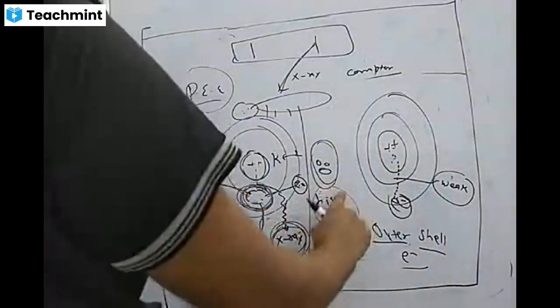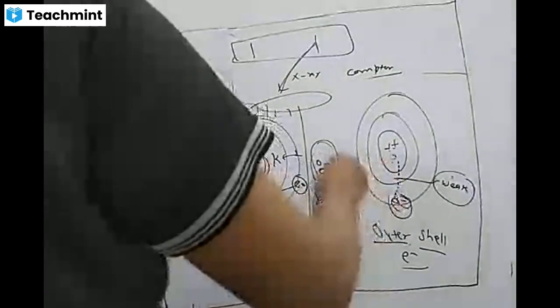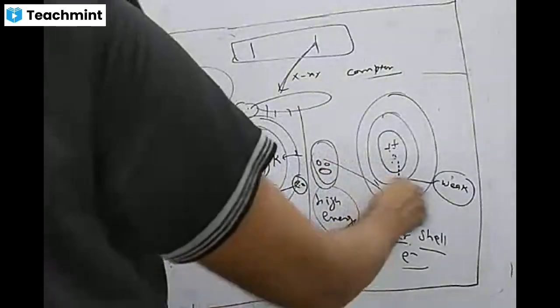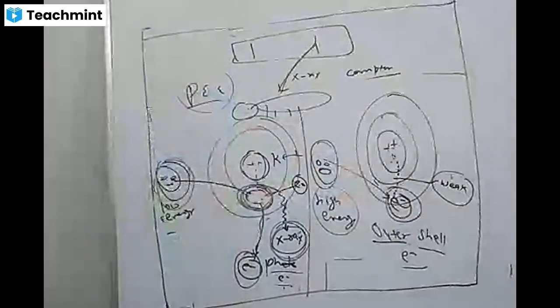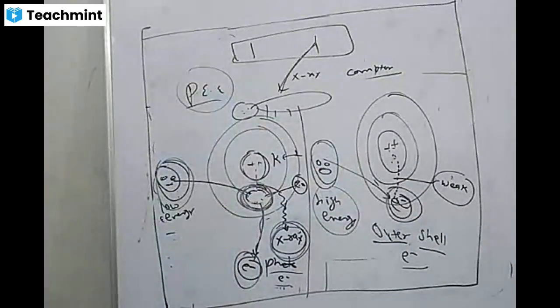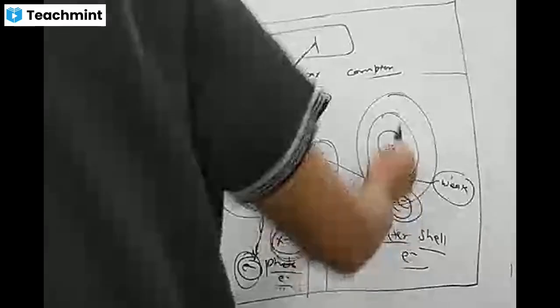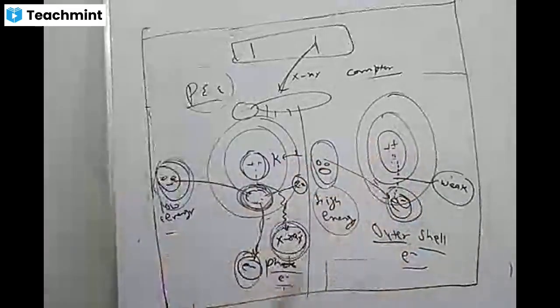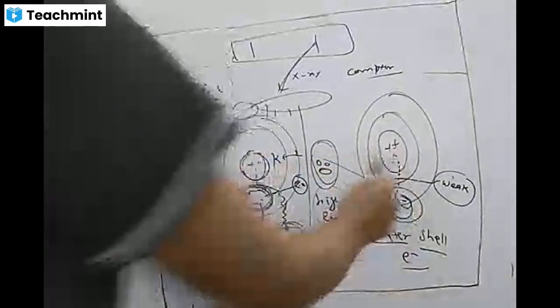In this case, the photon comes and emits the outer shell electron. But the outer shell electron is weakly bound to the nucleus. The attraction with the nucleus is very weak.